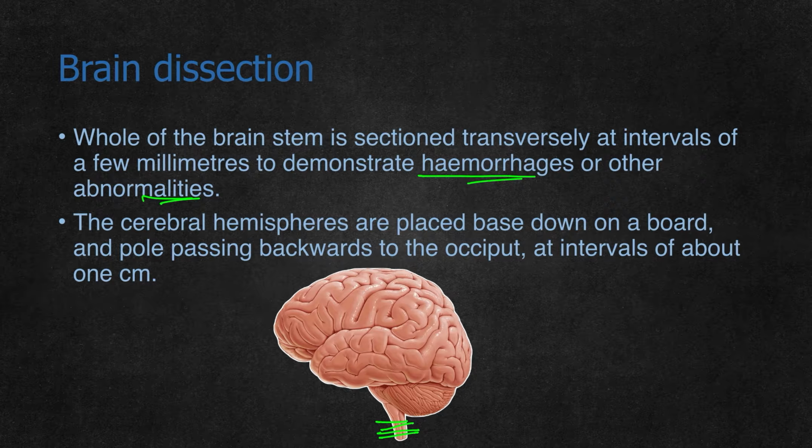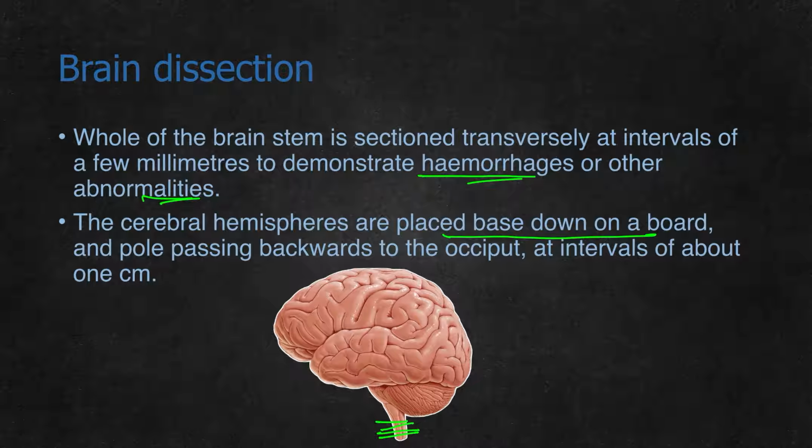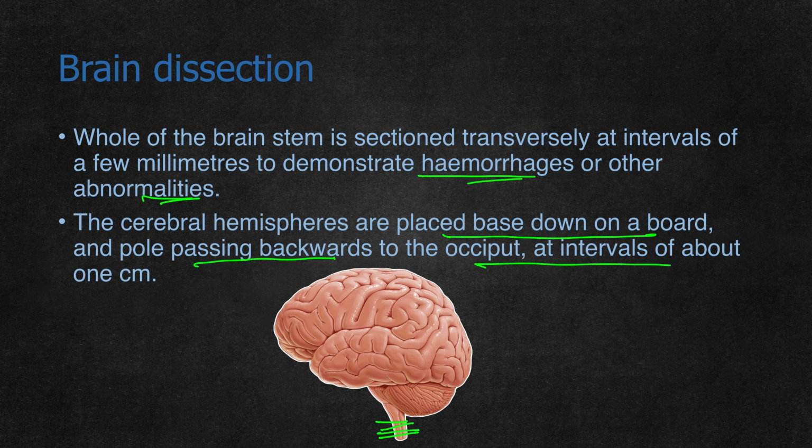Then the cerebral hemispheres are placed base down on the board and cut from the frontal pole backwards to the occiput at intervals of about 1 cm. This is one method of dissecting the brain along its long axis.